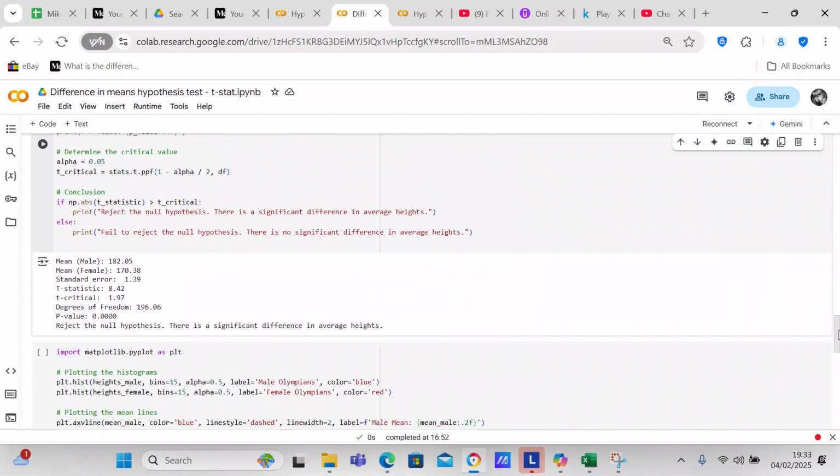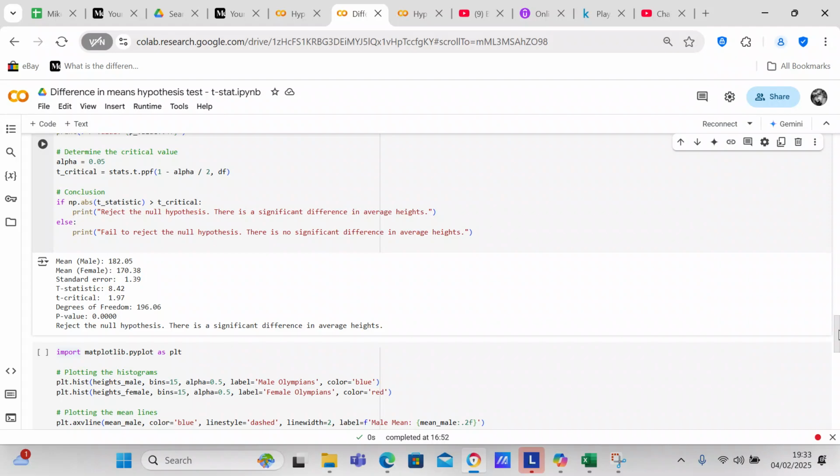If np.abs(t_statistic) is greater than t_critical, then you reject the null hypothesis, and there's a significant difference in average heights. So the t statistic is 8.42, and the t critical is 1.97, so that's greater than t critical, which means that you have to reject the null hypothesis.